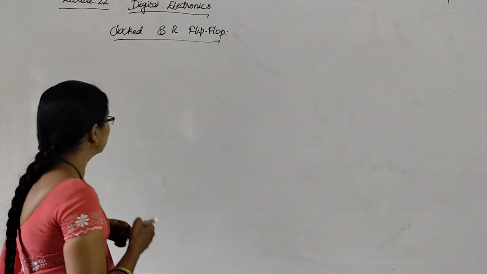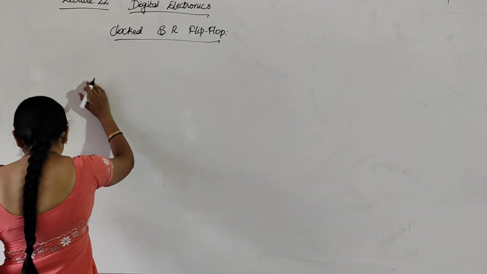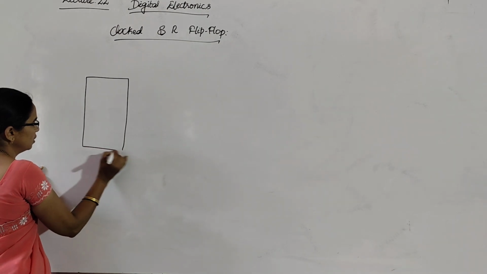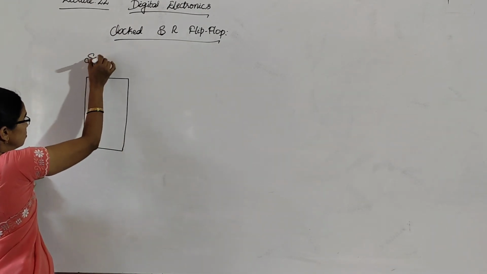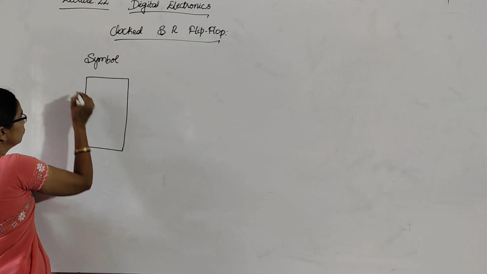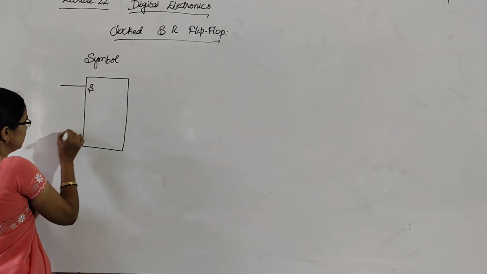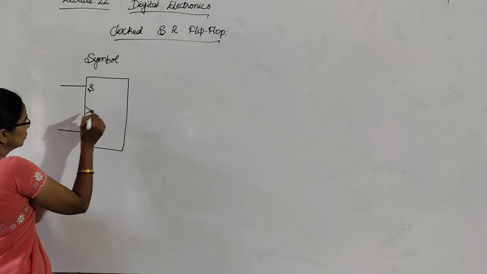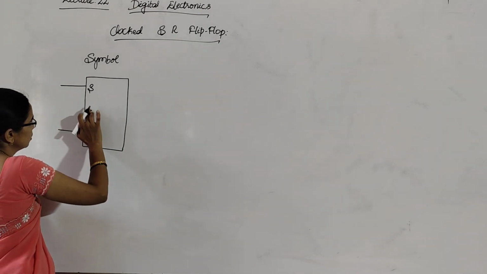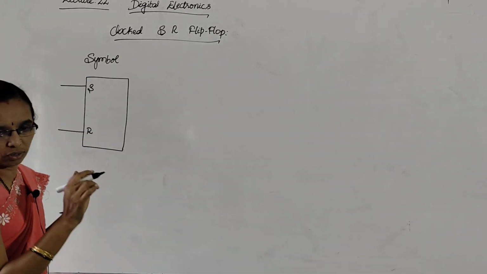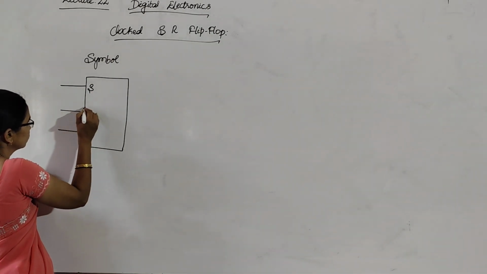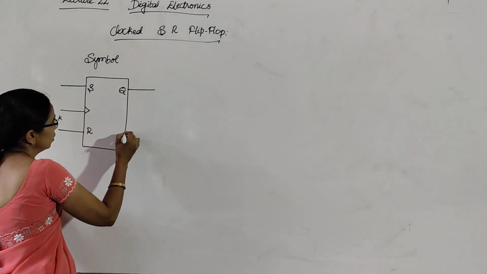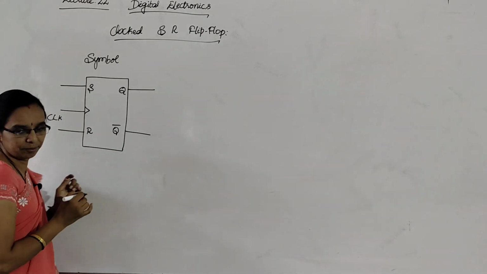Okay. Clocked SR flip flop: the symbol of the clocked flip flop has inputs S, R and clock, and outputs Q and Q bar.